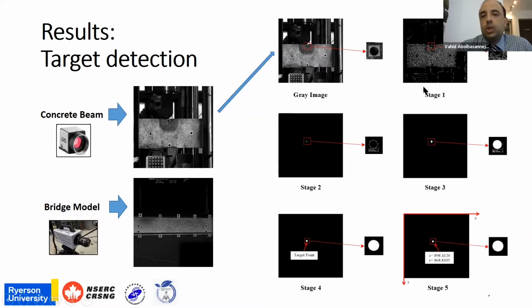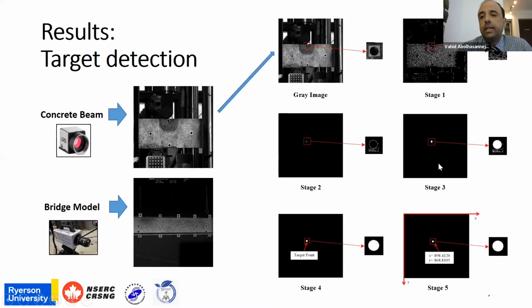After this stage, we use the ROI function to define the boundary of the target of interest. In the second stage, you can see all the other objects removed, and only the circular target and some surrounding objects have remained.